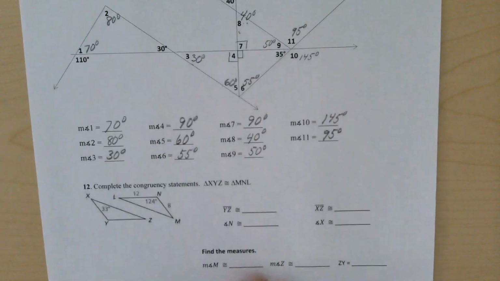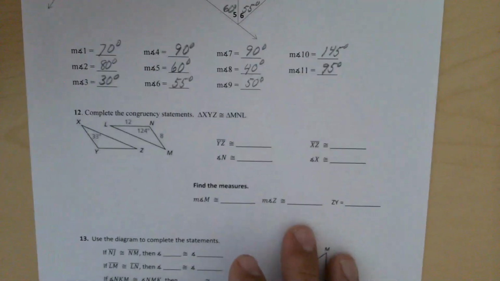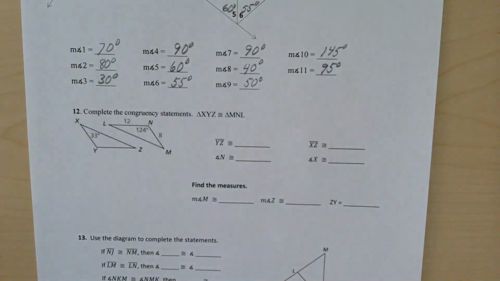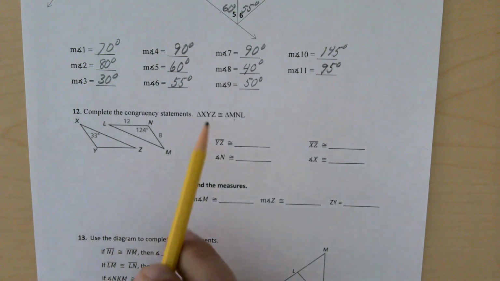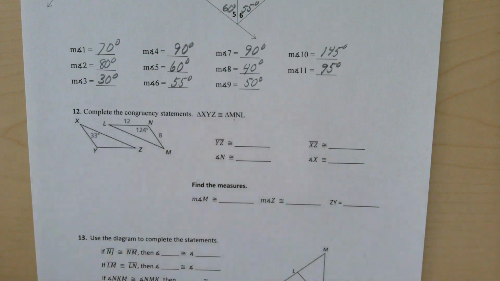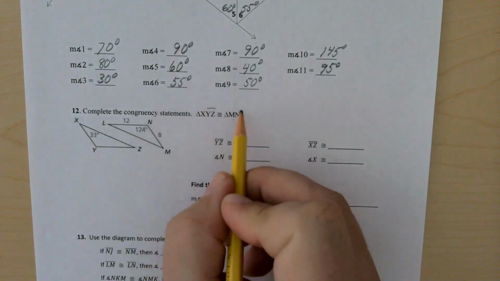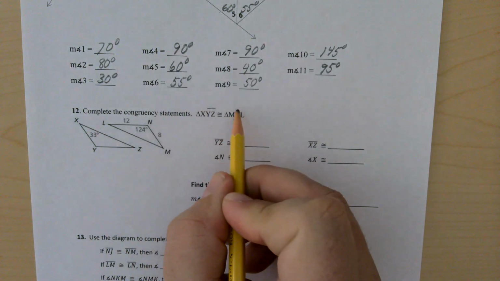This next part, we're just looking at two congruent triangles. So we're given this. A lot of times it's easier just to look at this statement so that you know what's being matched up. So when I see YZ, I know it's the same as NL.